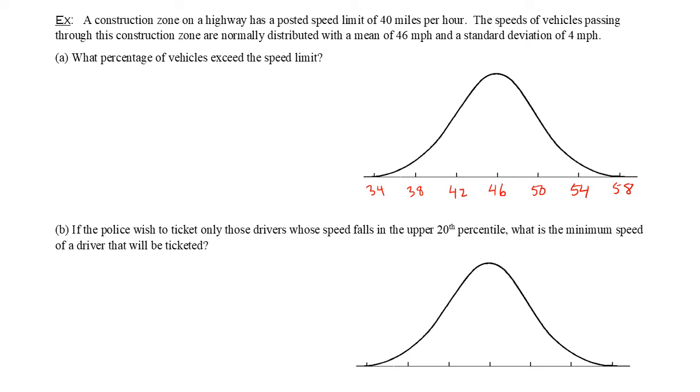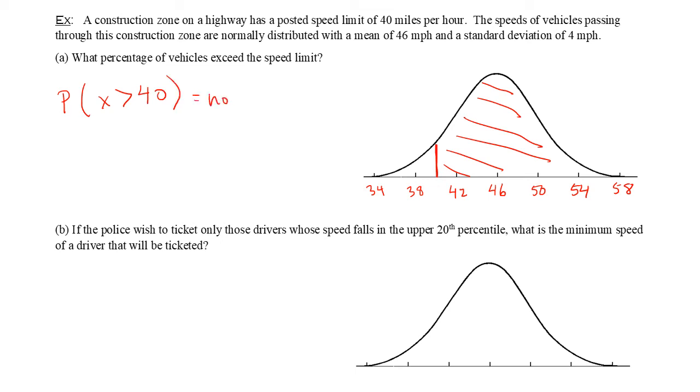So what percentage of vehicles exceed the speed limit? Well, 40 was the speed limit, and that falls right about here. So the way we'll answer this is we'll try and find the area of this region that's to the right of 40. So we want to find the probability that their speed is greater than 40.